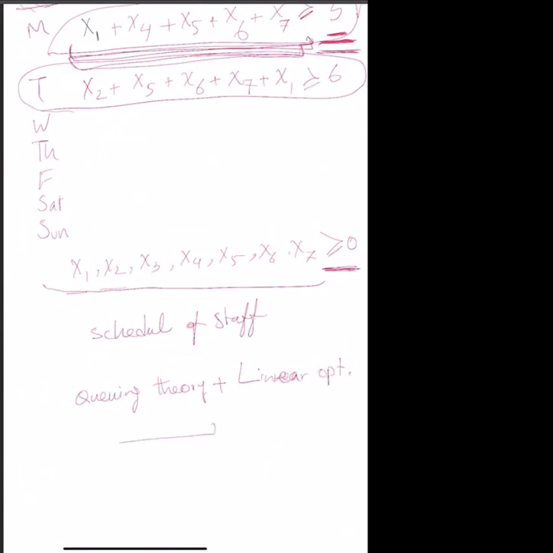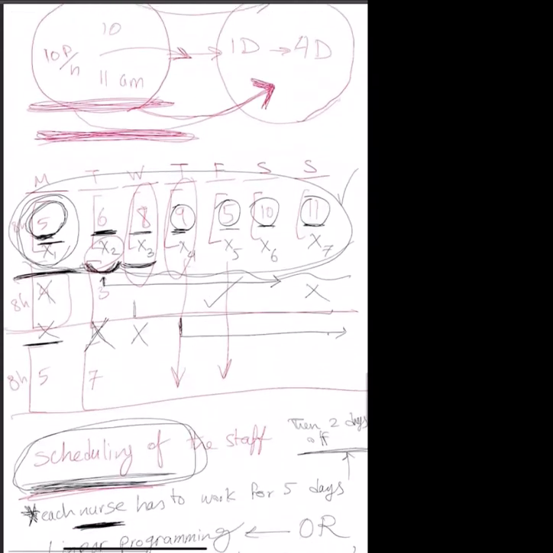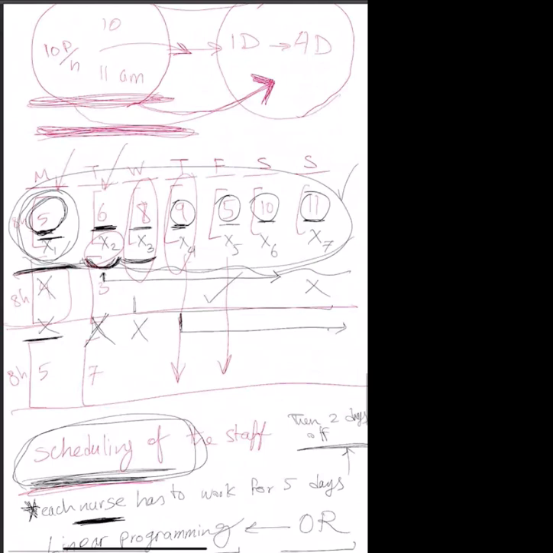The first step, where I use queuing theory, helped me to find out how many staff I need each day, how many servers I need each day. That's what I got through queuing theory.